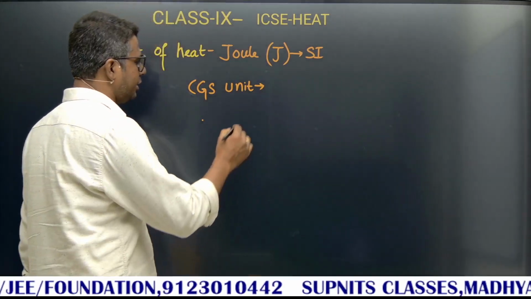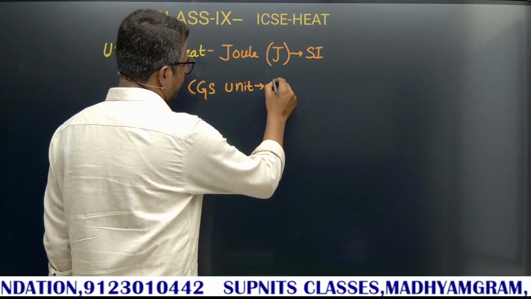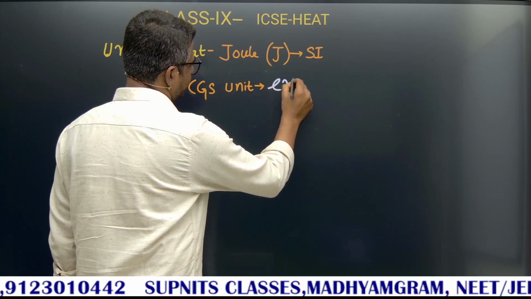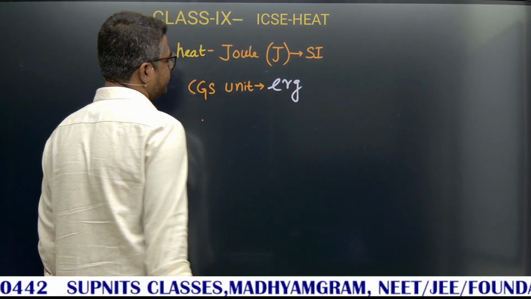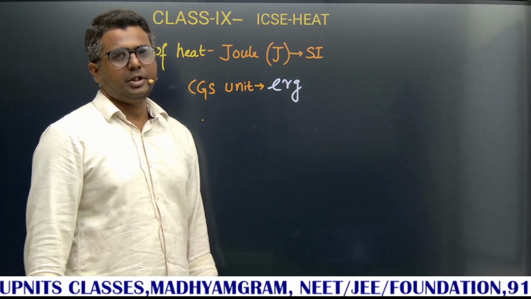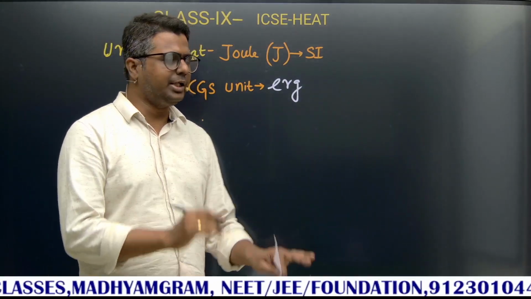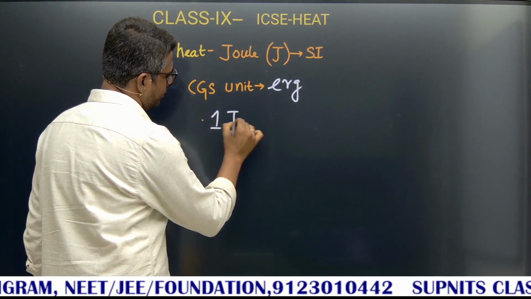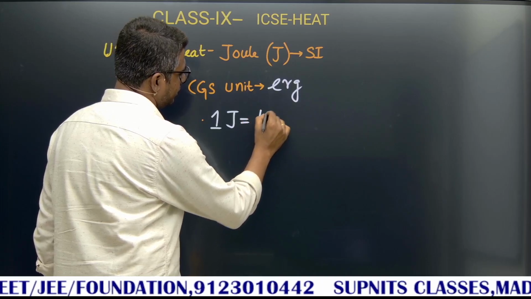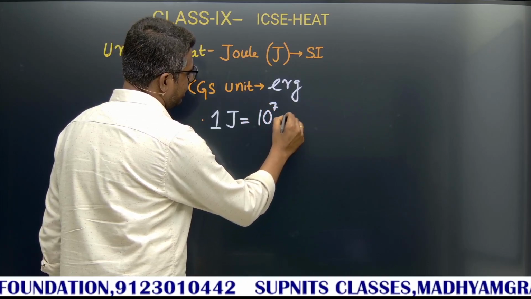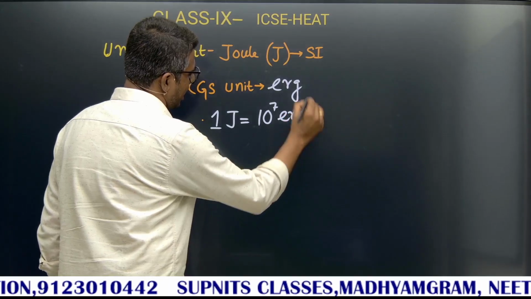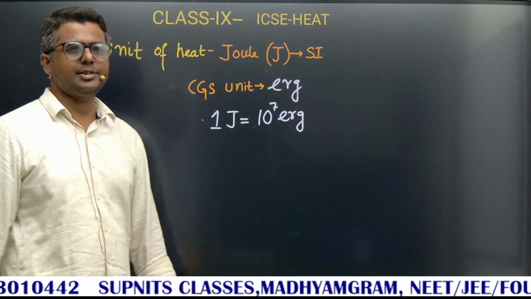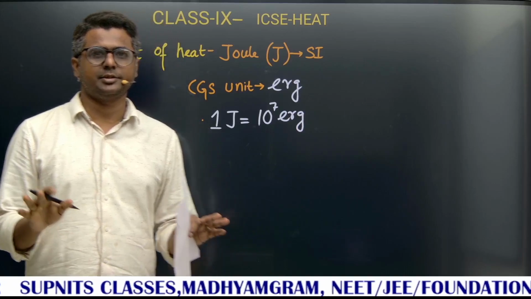The CGS unit of heat will be erg. Okay? It will be erg. And how to relate these two units? 1 joule is equal to 10 to the power 7 erg. Okay guys, I hope everybody is clear with this.